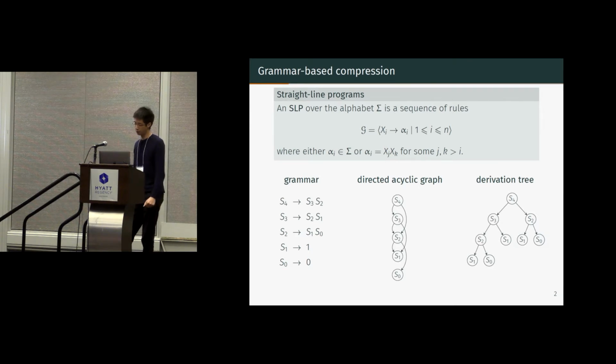And finally, we have, of course, the derivation tree of the grammar, or the path tree. Here we can already see the string labeling the leaves. Here it's 1, 0, 1, 1, 0. This is the string produced by the grammar. You can also view the DAG as a compact representation of the derivation tree. You simply merge all isomorphic subtrees into a single node. And we will actually switch between these viewpoints throughout the talk.